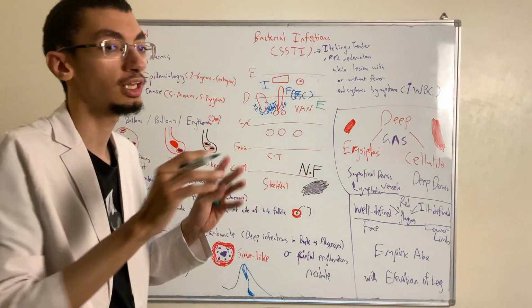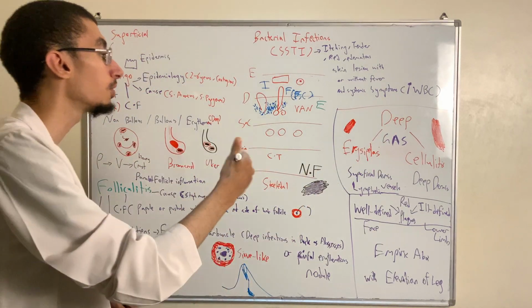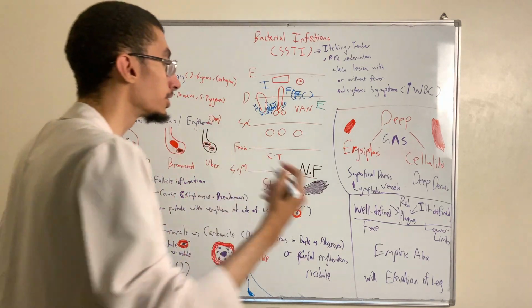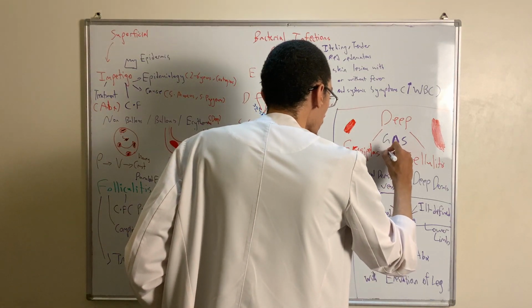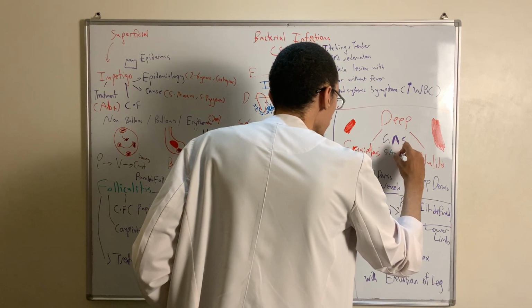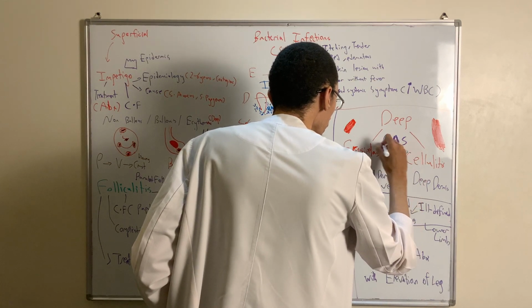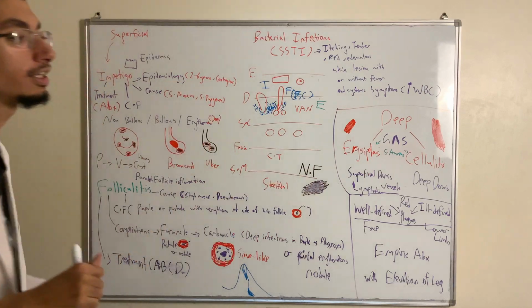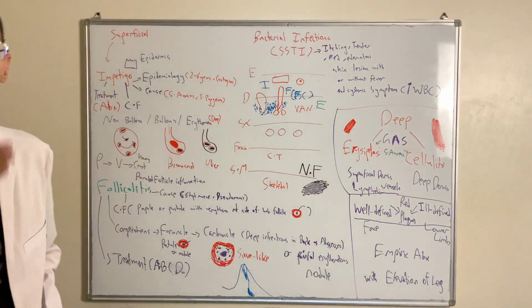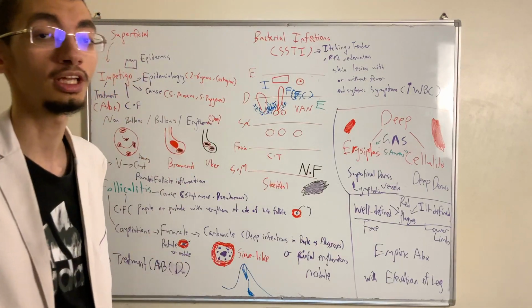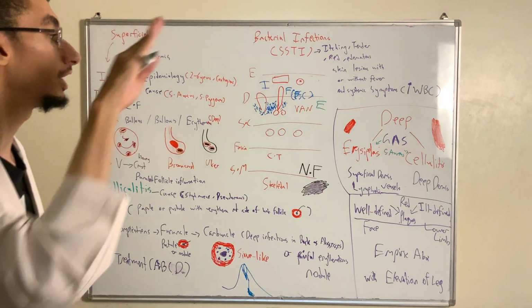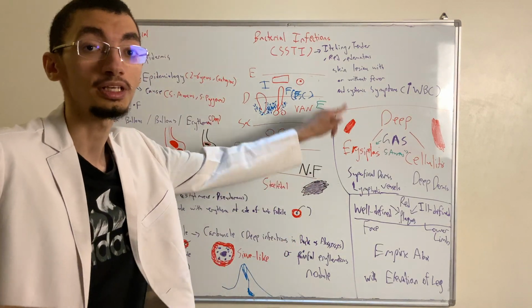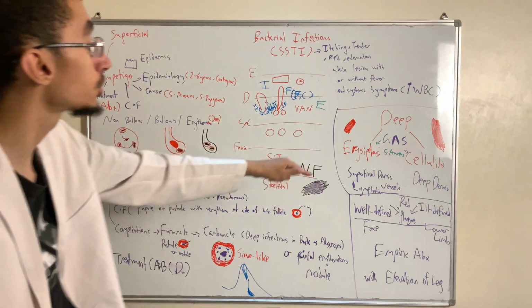But what about cellulitis? In the case of cellulitis, the most common causative agent is Staph aureus. And in the case of cellulitis, it's not superficial, it is deep. Don't confuse erysipelas. Erysipelas is deep, but it is superficial.